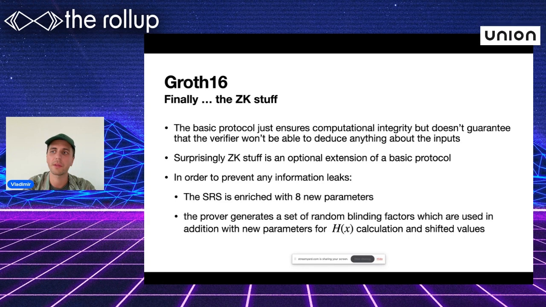The idea is that you multiply or add something to both the right-hand side and left-hand side of all the equations, so all the relations hold, but the verifier doesn't find out anything about the initial inputs.